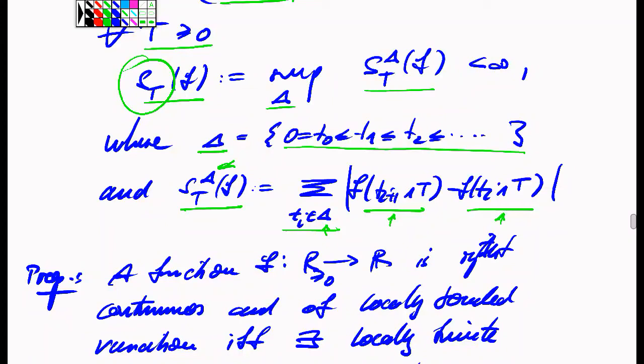And if I fix a certain maximal time capital T, what I do is I evaluate the steps that the function does on each of the pairs of two neighboring grid points, t_{i+1} and t_i, but I wedge this, so I take the minimum of these time points with the maximal time parameter t, which I want to consider, which effectively means that I do ignore all possible increments of the function f after time point t.